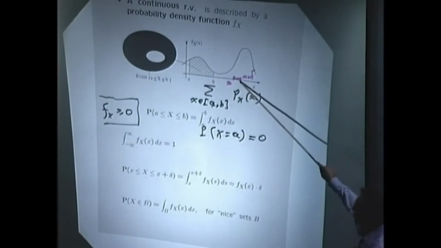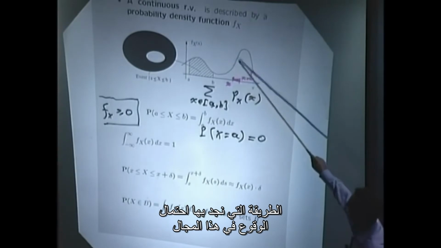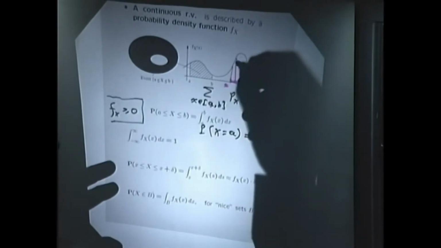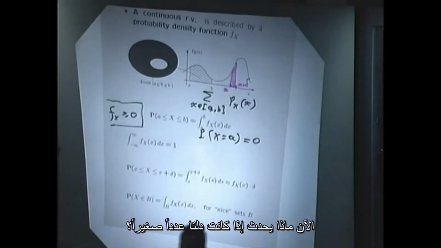And let's look at the probability of the event that we get a value in that range. For continuous random variables, the way we find the probability of falling in that range is by integrating the density over that range. So we're drawing this picture, and we want to take the area under this curve. Now, what happens if delta is a fairly small number?